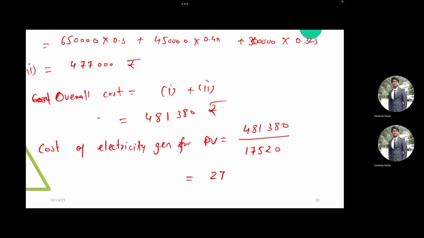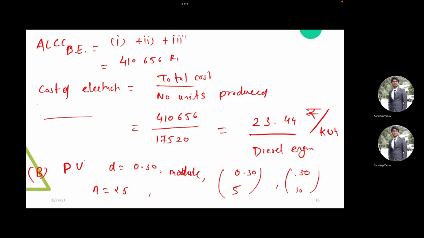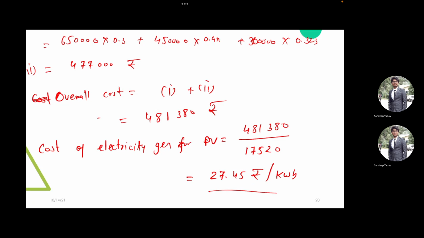That will be 27.45 rupees per kilowatt hour. And in the diesel case, it was around 23.44. So the PV case is some more cost.